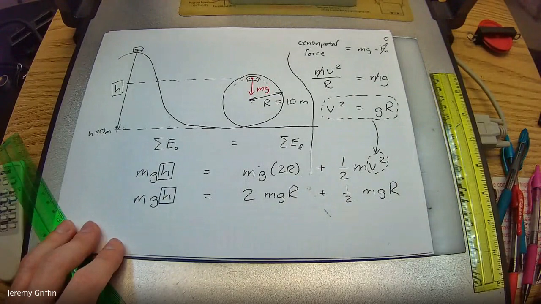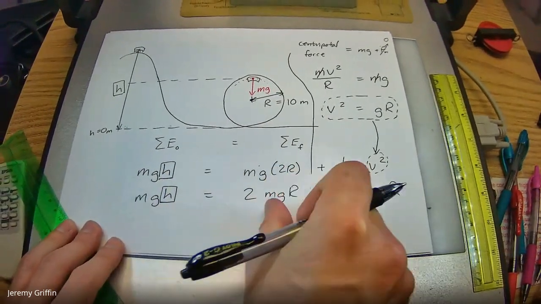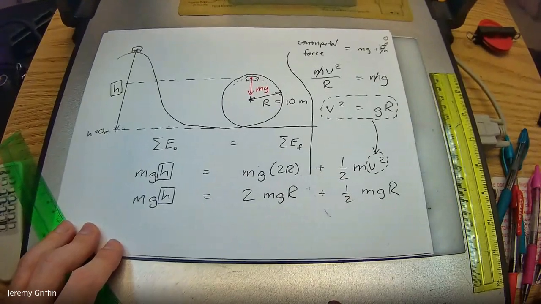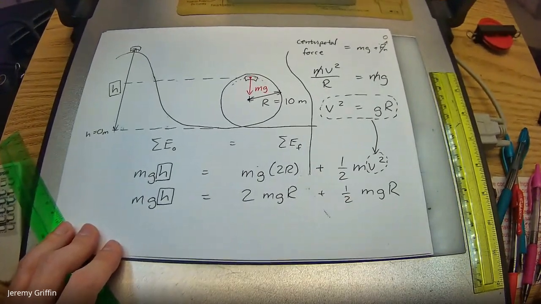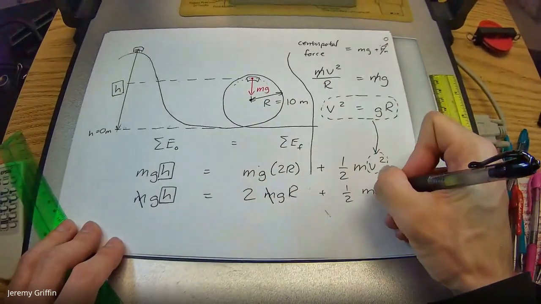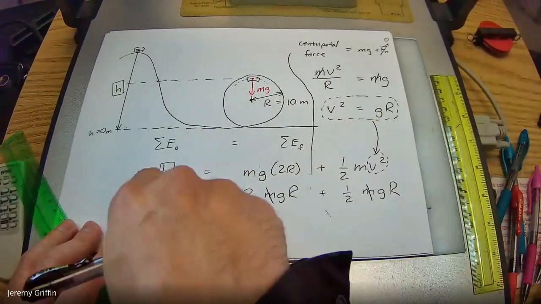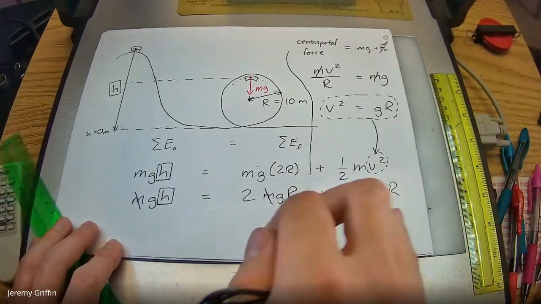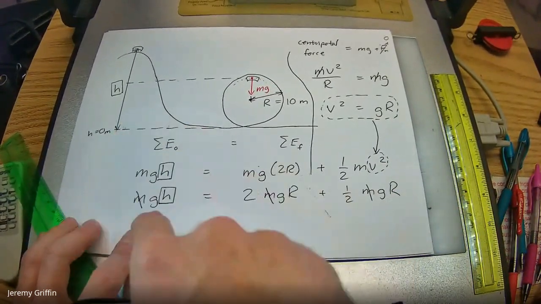Hey, I have 3 terms, and they all have what in common? m and g. So the fact that mass cancels out, probably not a huge surprise, means that it doesn't matter if it's an empty cart or if it's full of passengers. It makes no difference to the solution.